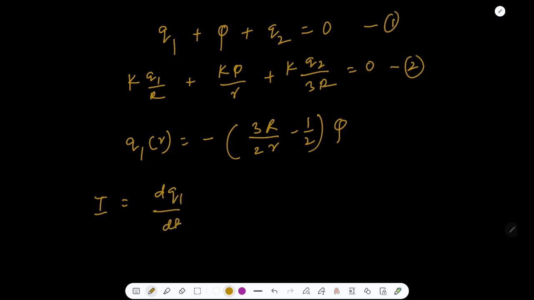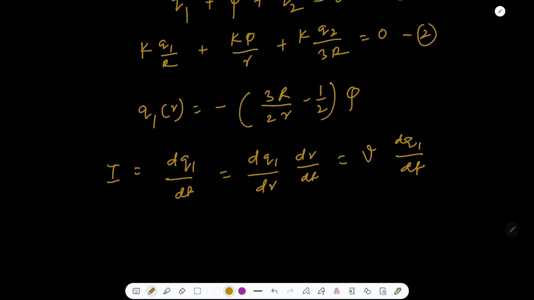This is often called the equation of continuity, and you can also write it as dq1 by dr multiplied by dr by dt, that is v, so your result will become v dq1 upon dr. After differentiating, you will get the result simply as 3 by 2 q v r by r square, and since you will get a negative value here, the direction of current points towards the smaller sphere, though we need to find the value of current only.